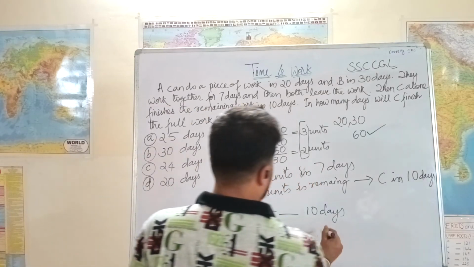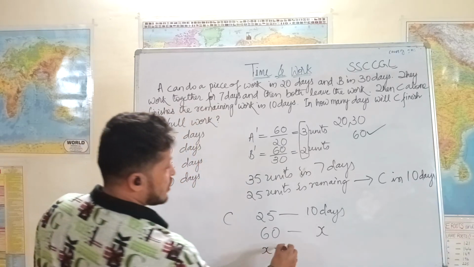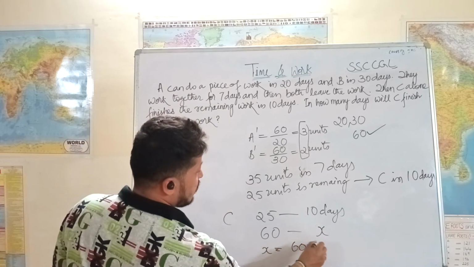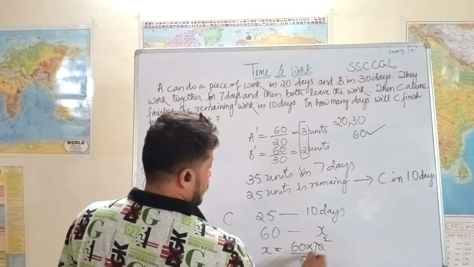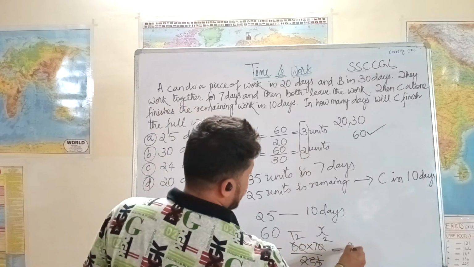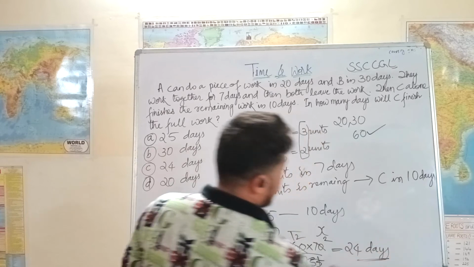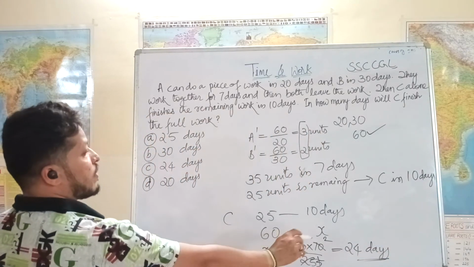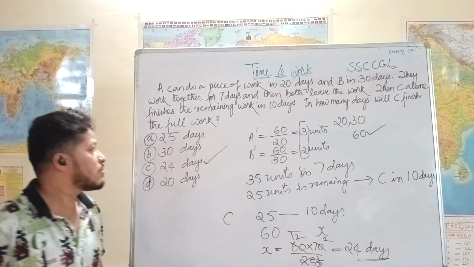Let's say x is equal to 60 into 10 divided by 25. 5 twos are 10, 5 fives are 25, 5 twelves are 60. So 24. Okay, 24 days. C can complete the full work in 24 days. So C is the option.